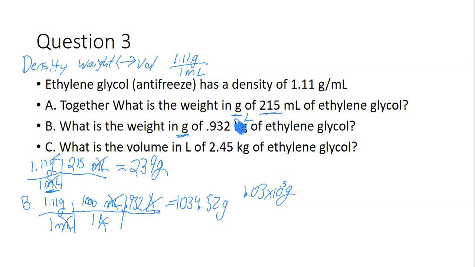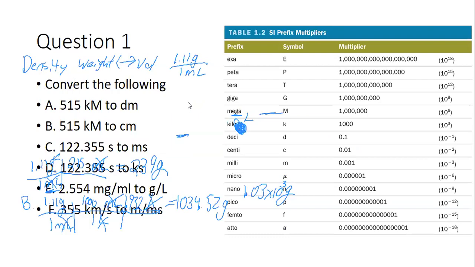How did I get 1,000 milliliters? If you go back to the table, let me just see. I think it's on this PowerPoint. Yeah, so this table right here on the right will show you how to do conversions. So if I'm in liters and milliliters, 1 milliliter equals 0.001 liters.